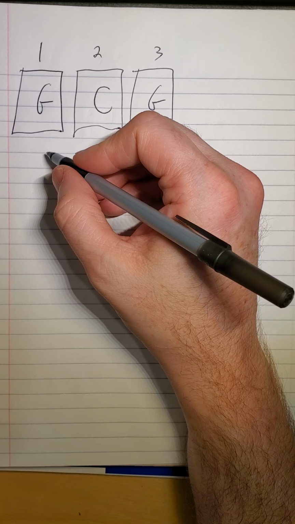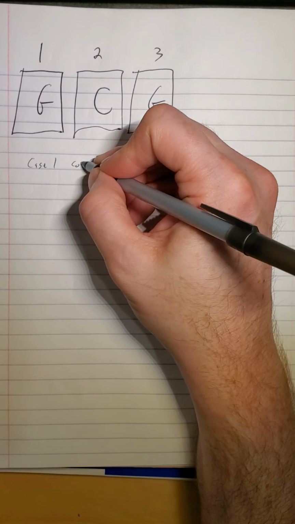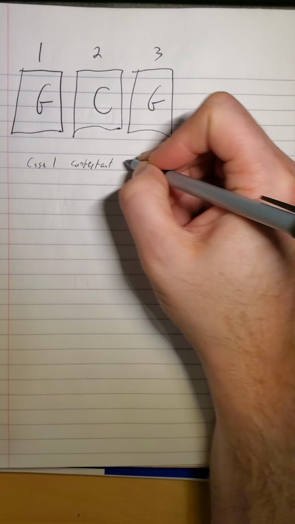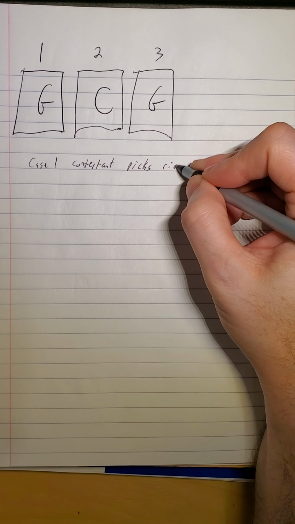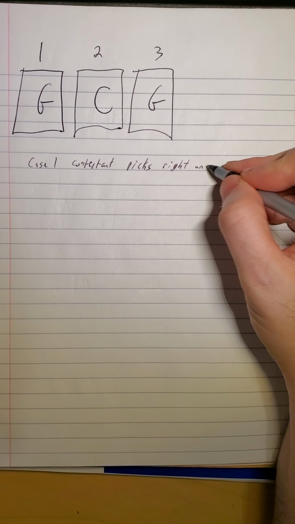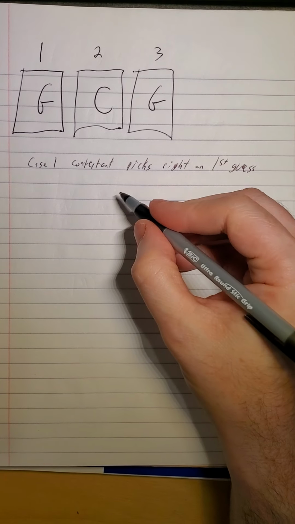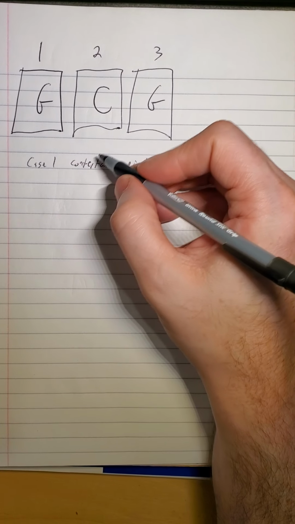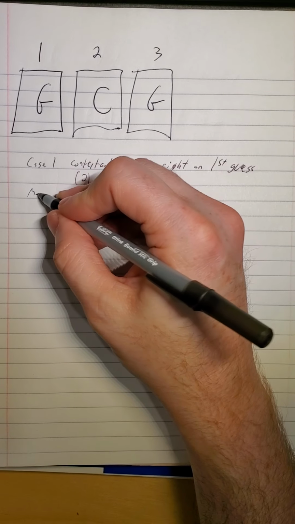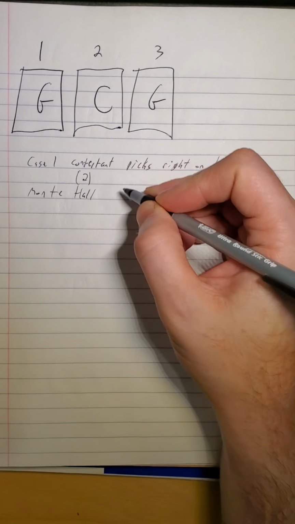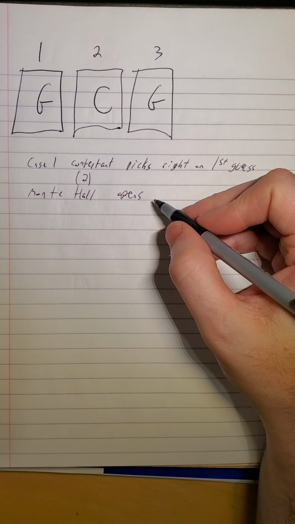So our contestant, let's say they pick right on the first guess. So the contestant guessed door number 2. Monty Hall opens, let's say, door number 1.